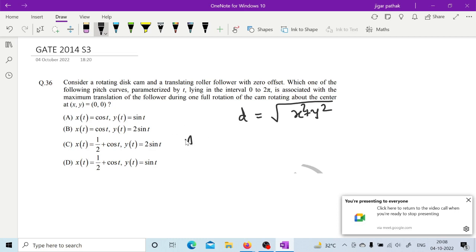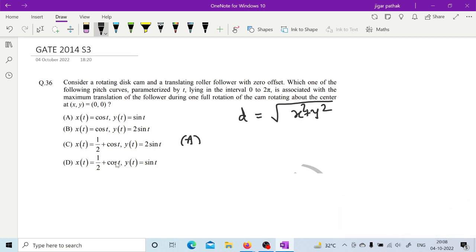If you go for the parametric equation, we have to follow the value of x and y, like x equal to sine t and cos t. Basically this t is a parameter according to which motion along x and y is varying of a follower, right? If this is a cam and there is a follower.